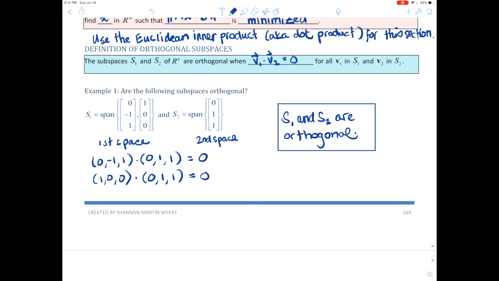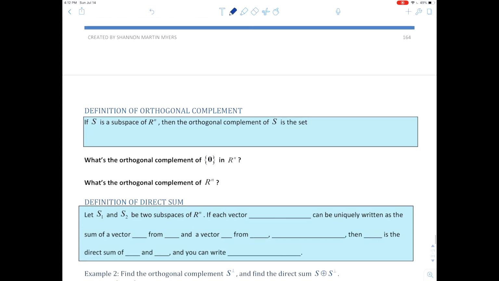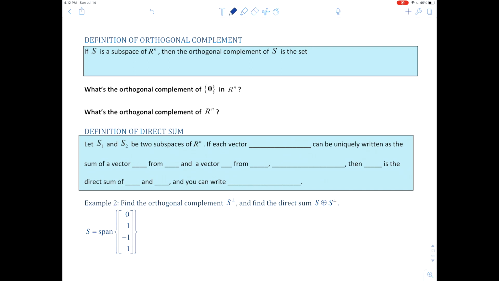All right. Now let's go to the definition of orthogonal complement. If S is a subspace of Rn, then the orthogonal complement of S is the set.